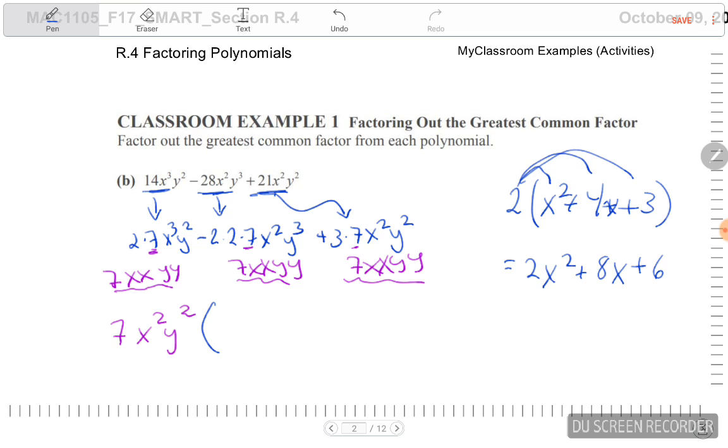Then what I have left over after pulling out the 7x squared y squared is, let me look at the first term. I have a 2 left over that wasn't pulled out. I have 1x left over and no y's left over. Then the next term, I have 2 2's that I didn't use, so that's -4.